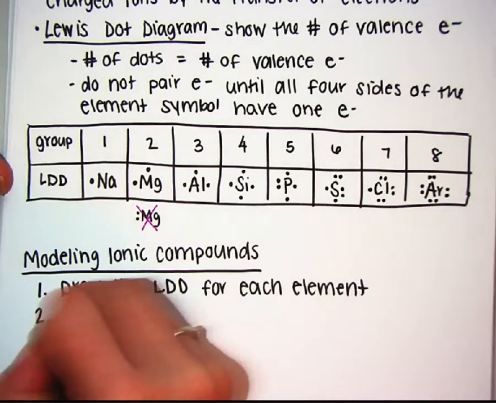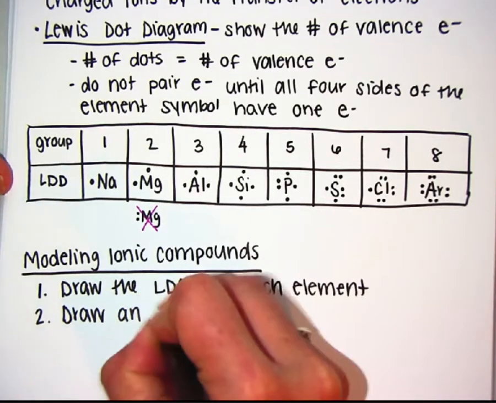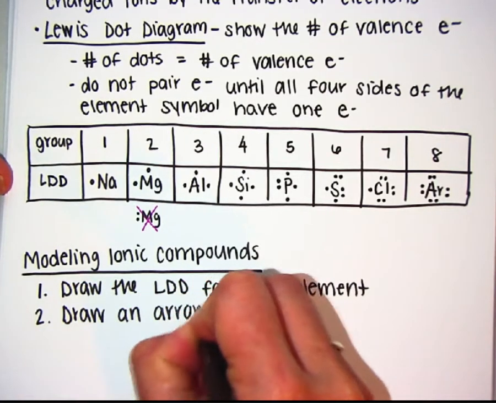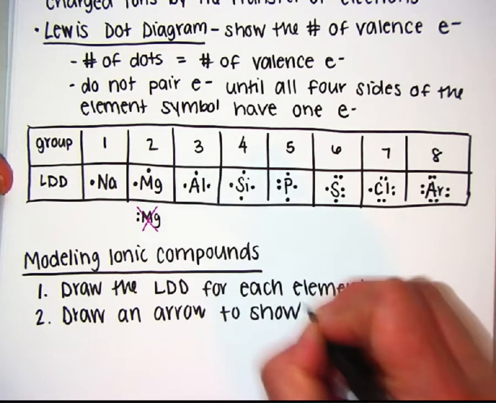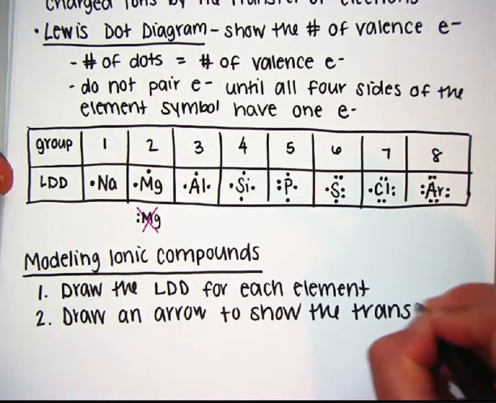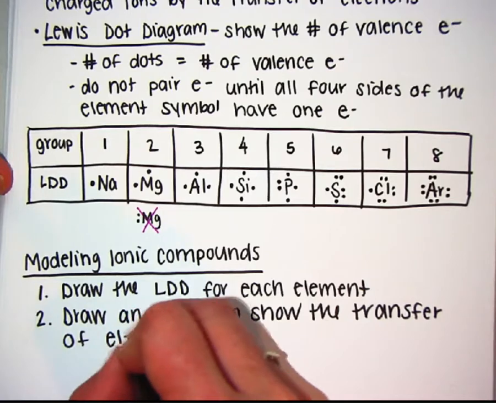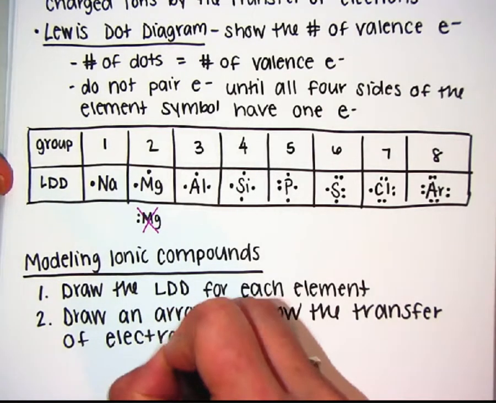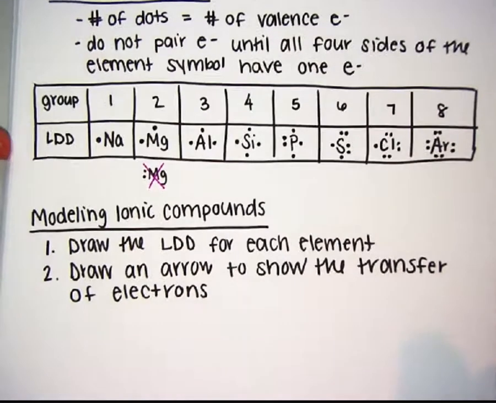Next, we are going to draw an arrow to show the transfer of electrons. Because remember we said if we're forming an ionic bond, it's forming through the transfer of electrons.